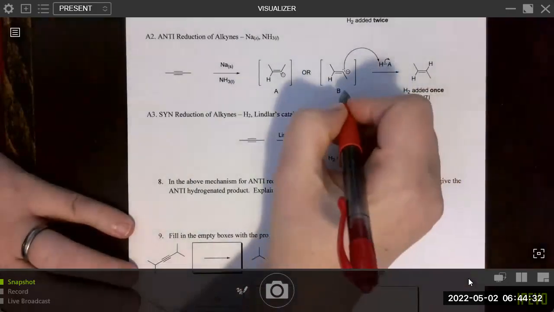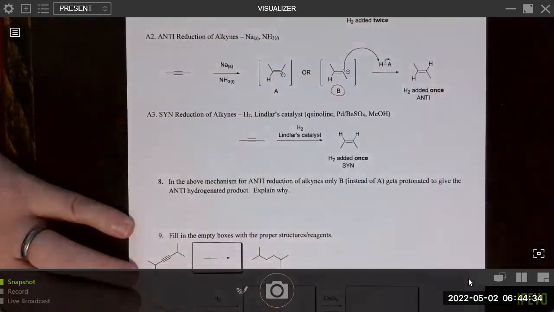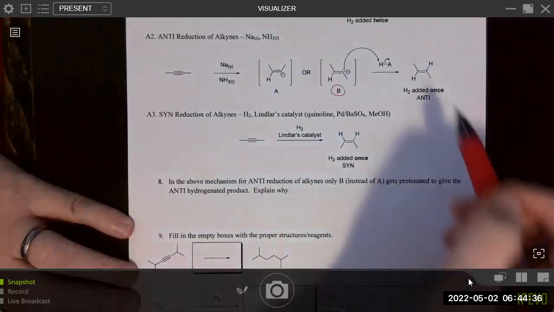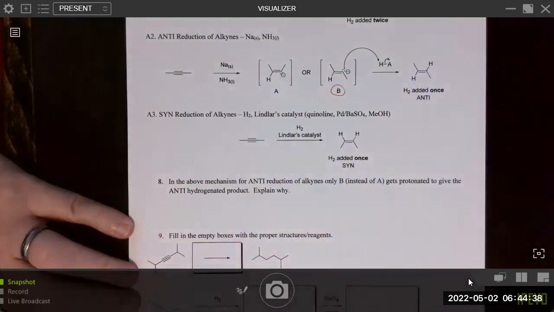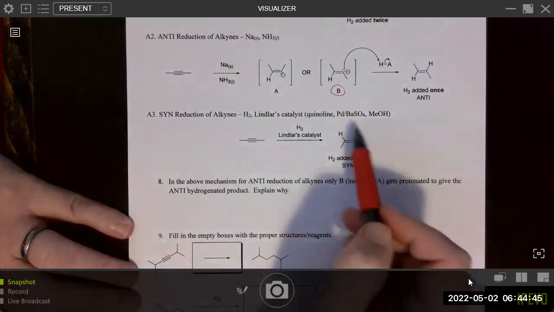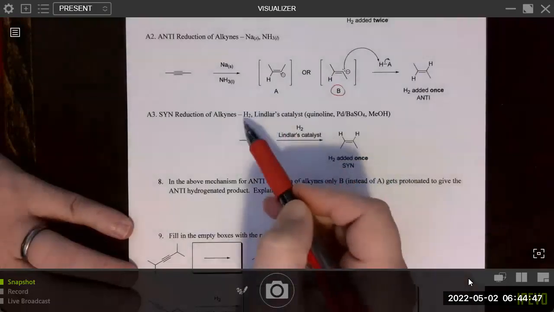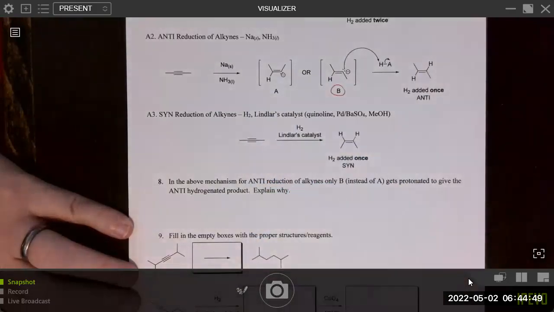So it's going to preferably go through this intermediate such that we get the hydrogens adding anti, to give a trans product. To get syn reduction, in order to get the cis product, we use hydrogen gas and a poisoned catalyst, such as Lindlar's catalyst.